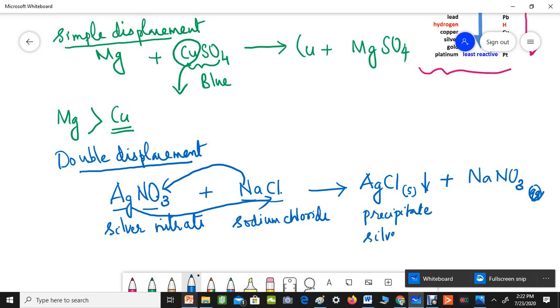This is silver chloride, and it is obtained as a precipitate in the reaction. So this is one easiest example for double displacement reaction. So what you understood in double displacement reaction? When two compounds exchange their ions to form two new compounds, we call it a double displacement reaction.